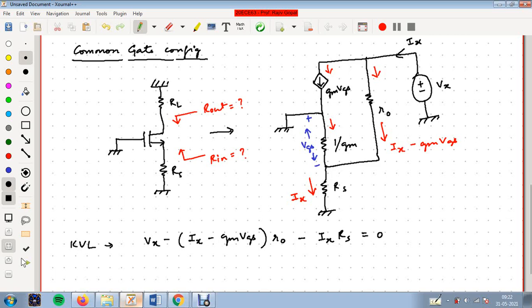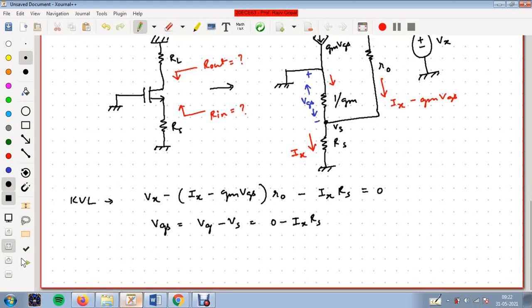Now if you look at VGS here, VGS is Vg minus Vs. Vg is 0, so it is 0 minus Vs, and Vs here is actually minus Ix into Rs.